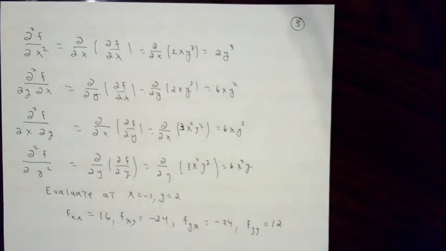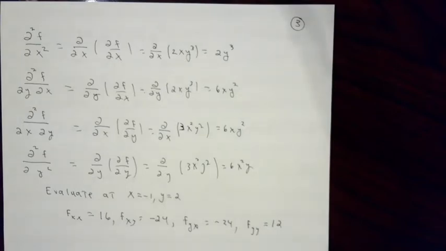We've come to expect that. The second partial of f with respect to y is the partial with respect to y of partial of f with respect to y. The derivative, where y is the variable, of 3x squared y squared, would be 6 times x squared times y.